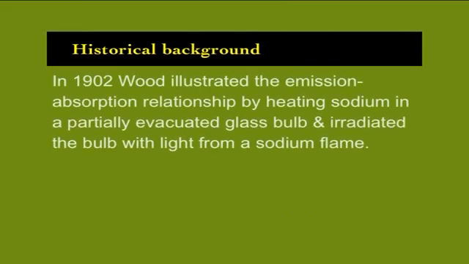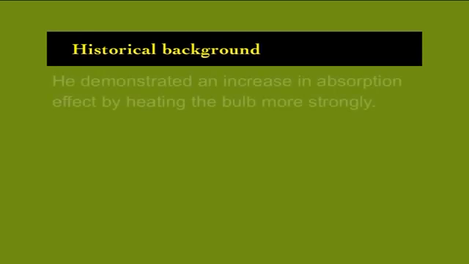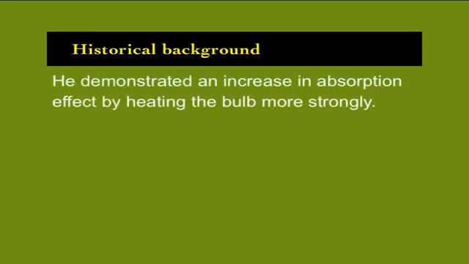In 1902, Wood illustrated the emission absorption relationship by heating sodium in a partially evacuated glass bulb and irradiated the bulb with light from a sodium flame. He demonstrated an increase in absorption effect by heating the bulb more strongly.